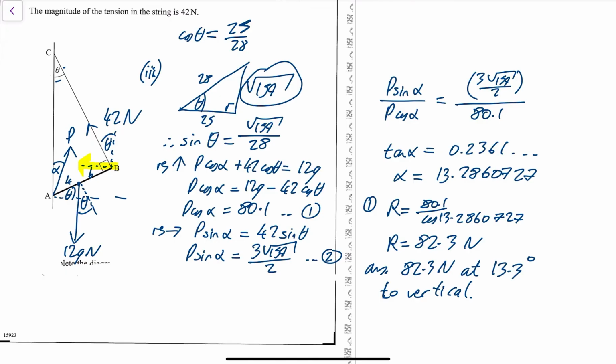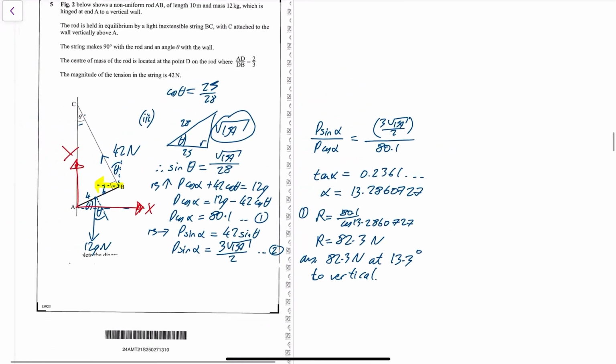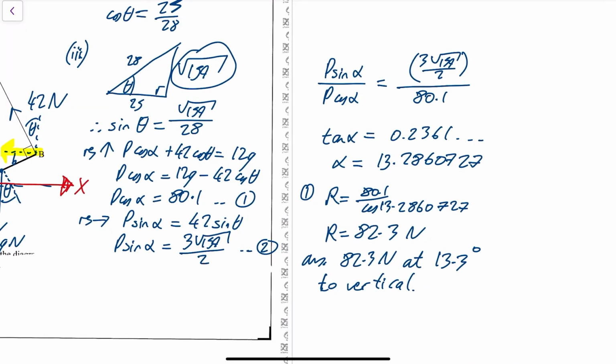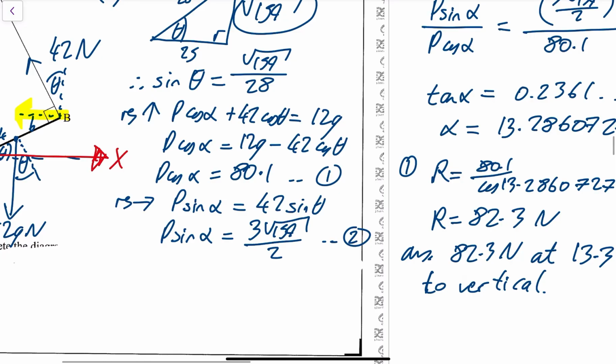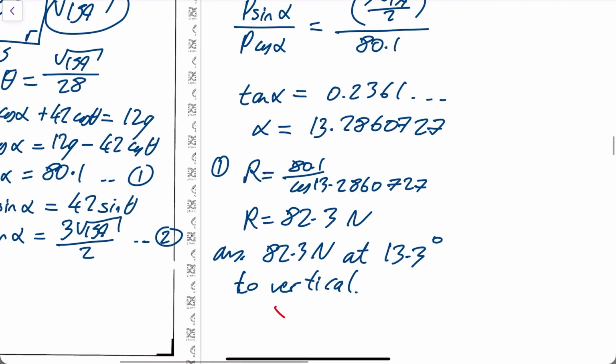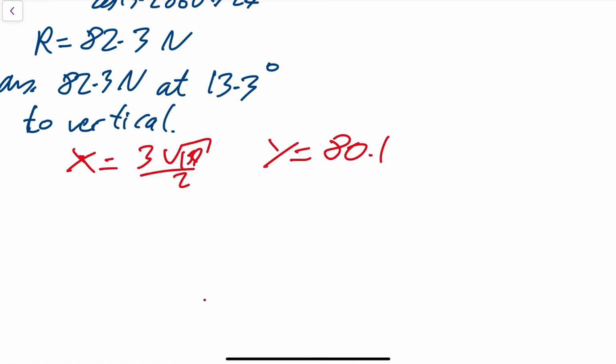Okay, right, I'm absolutely not going to go through this again, but just to show you what some people may have done, you may have written the reaction as X this way and Y this way. Your X is going to work out to be, oh my goodness, which one was the horizontal? The X will work out to be 3 root 159 over 2, and your Y would work out to be 80.1, and then you'd have to draw a wee diagram.